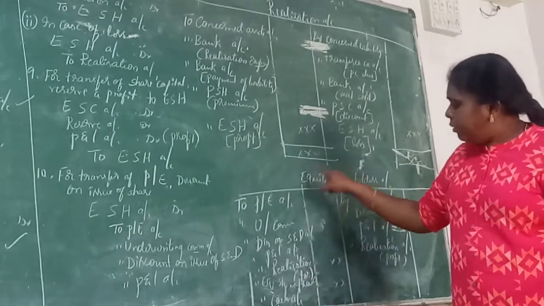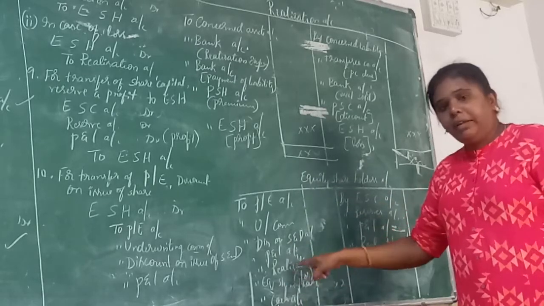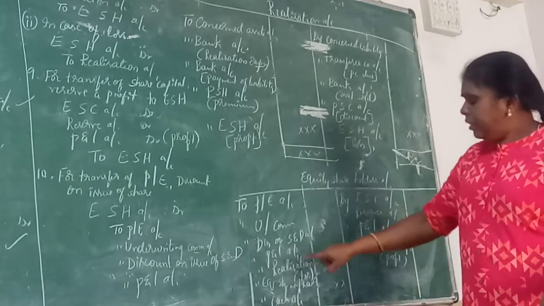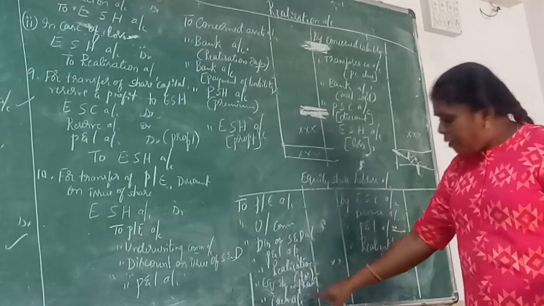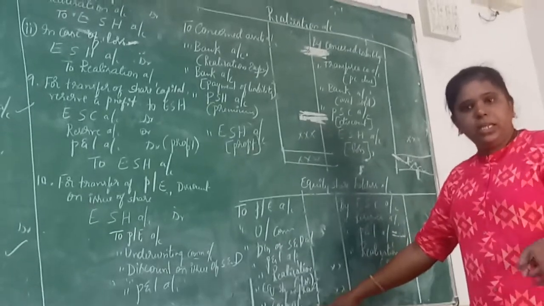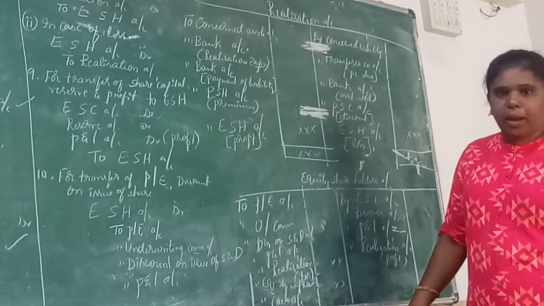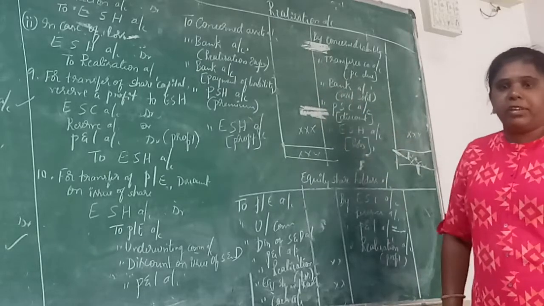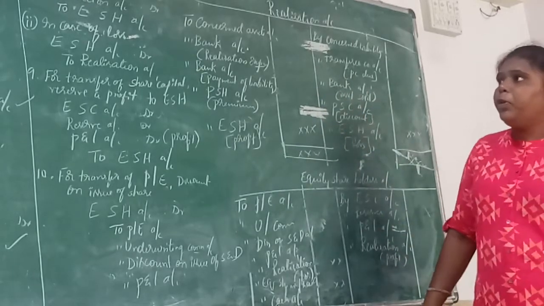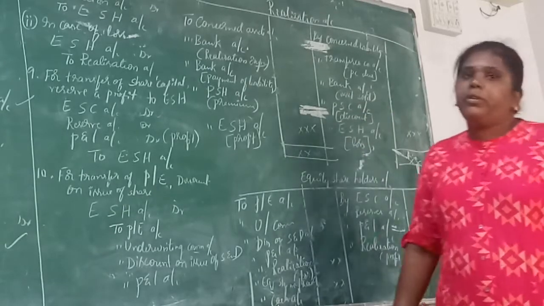Equity shareholders are eligible to receive equity shares and cash. That means if PC is payable in the form of equity shares or cash, you have to write it in equity shareholders. If PC is received in the form of preference share capital, you should post to the preference shareholders account. So these are the entries that we are going to make to close the books of the transferor company.